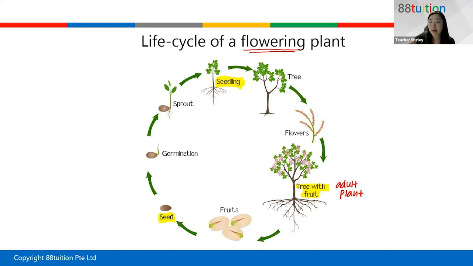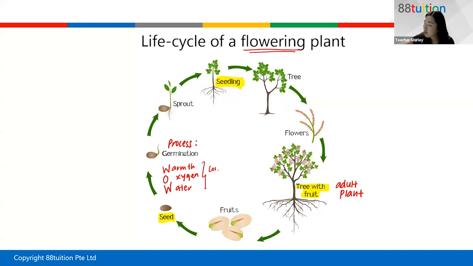Now, in between, for the seed to become a seedling, it must go through the process of germination. The process of germination basically means that the seed requires these three conditions, which are warmth, oxygen, and water.